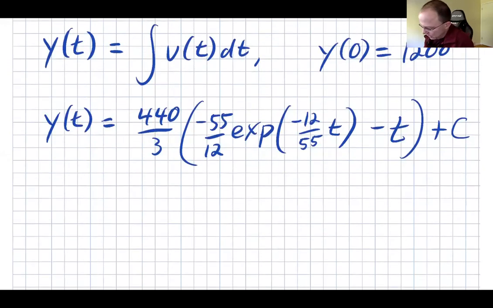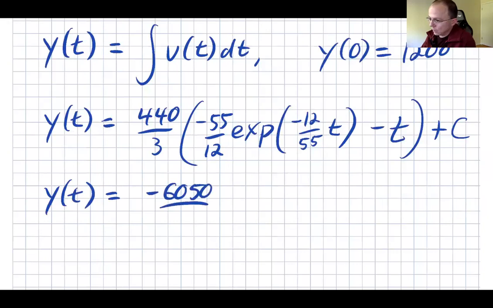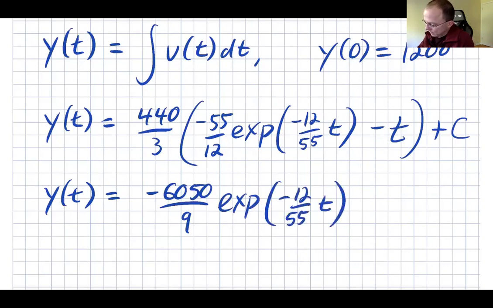And let's simplify. We could simplify that. 440 over 3 times 55 over 12. So that will be negative 6050 over 9 times the exponential of negative 12 over 55 t minus 440 over 3 times t plus c.